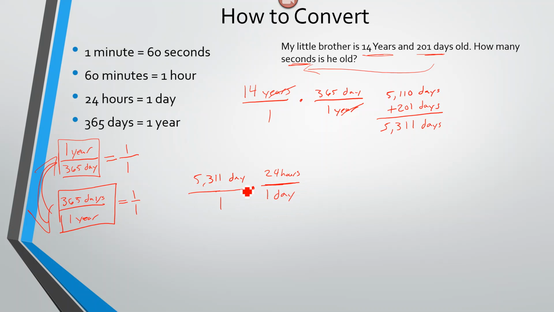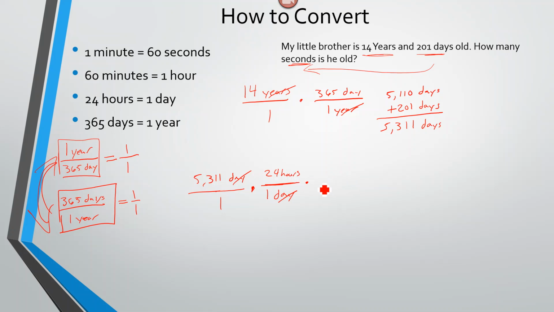So day cancels day. Now we're to hours. Of course, if I knew how many hours there were in a second, I could do that conversion. I do know that one for sure, but we don't have that in our list over here, so let's just go ahead and continue on with our conversion using the list that we have.